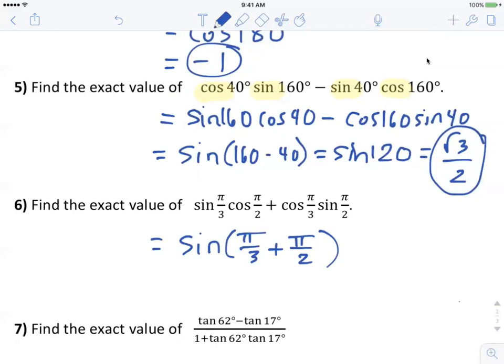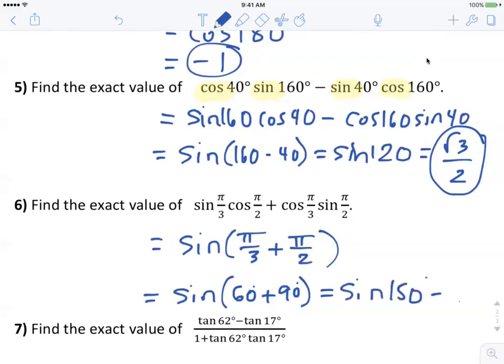And since we're after the exact value here, if you prefer, pi over 3 is 60 degrees. Pi over 2 is 90 degrees. So you can just do this in degree mode. That's the sine of 150, right? Which by the unit circle, you'll see that that's equal to 1/2.